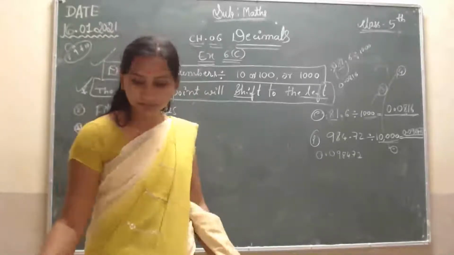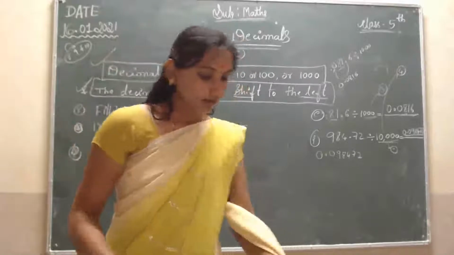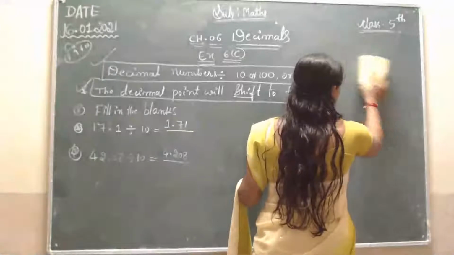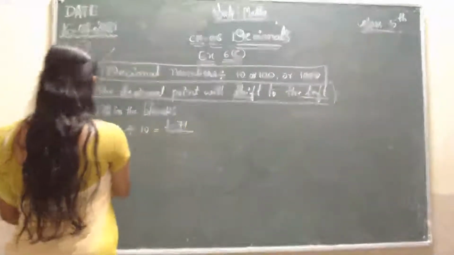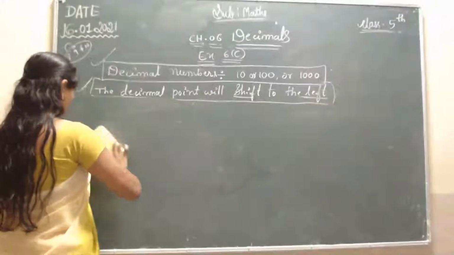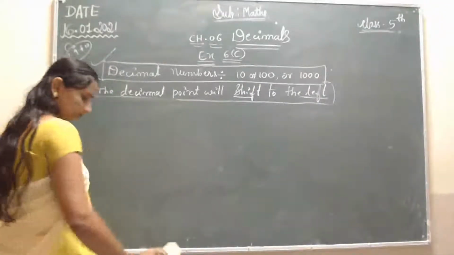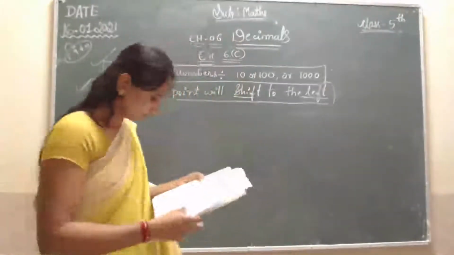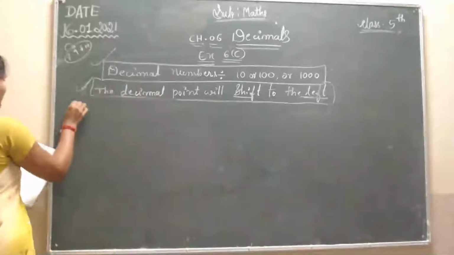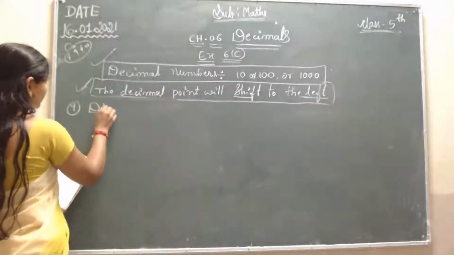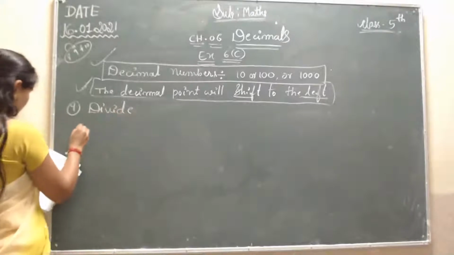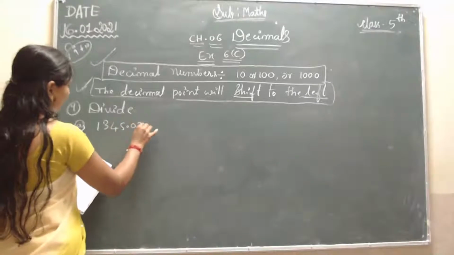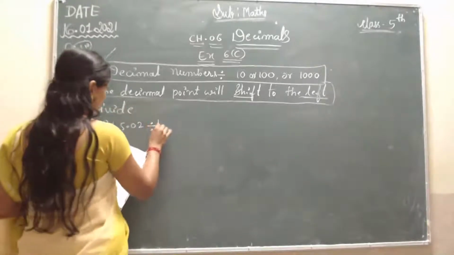Okay. So in the 9th one, the 9th divide: 1345.02 divided by 10,000.